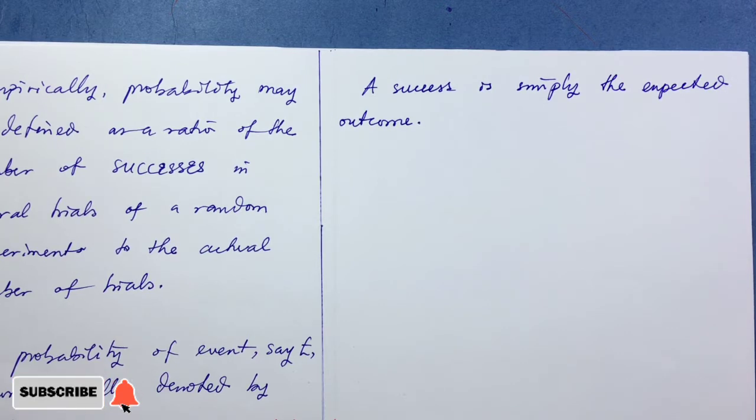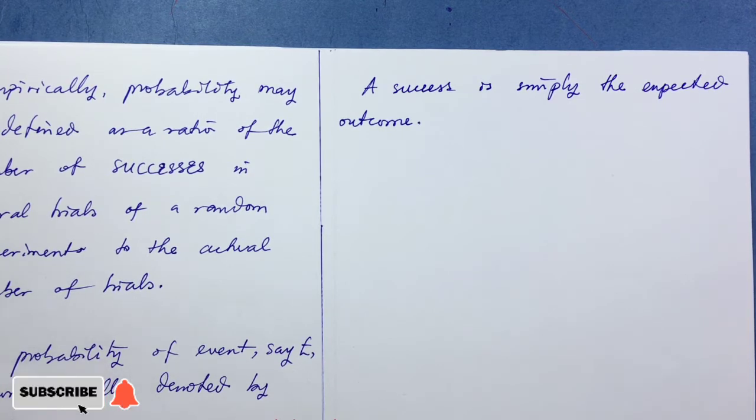So success and failure in probability do not portray the conventional meaning of success or failure. Success in probability simply refers to the expected outcome. And again, let me give another example.